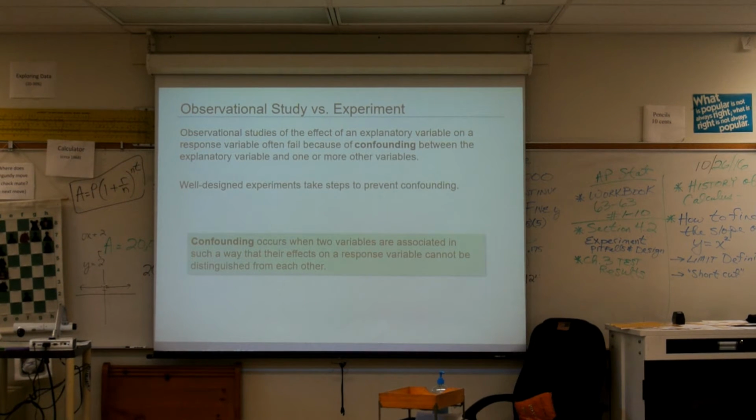Does pine cones cause it? No. However, food supply and predators would affect duckbill population. Yes. Those two variables are confounding in the sense that it's hard to distinguish their effect on the outcome. They're so intertwined, they're confounding variables. It's hard to know which one would be the cause of the response variable.